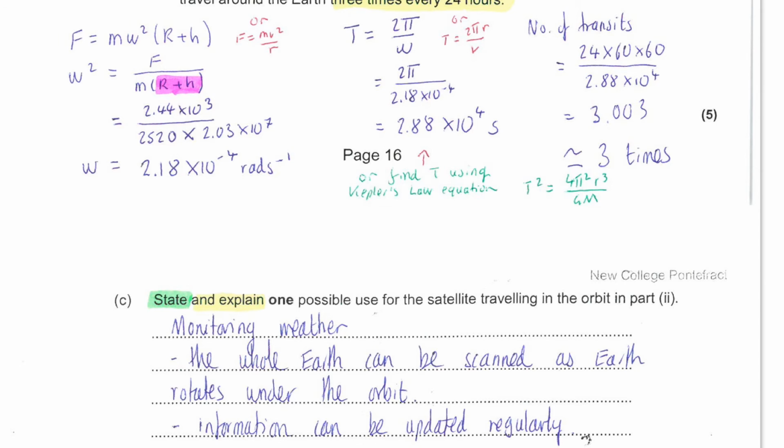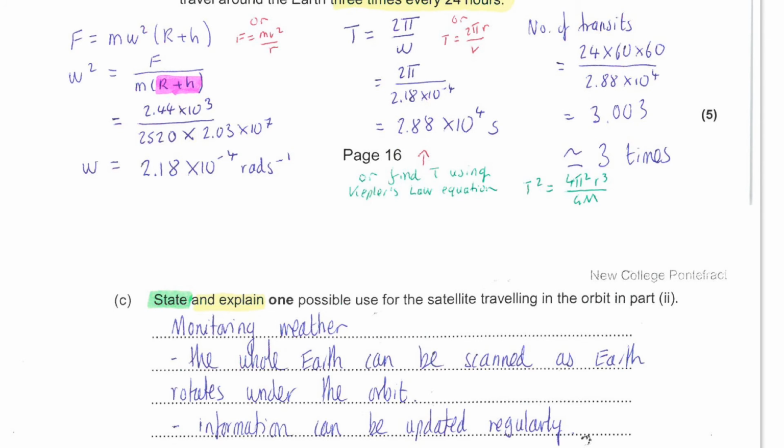Now, had you used the alternative equation here of mv squared divided by r, you could have found a value for the speed v, and then you could have put that into this equation, 2 pi r divided by v. It would lead you to the same answer.